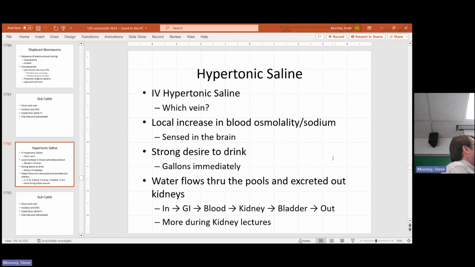And we're going to throw that into the vein going back to the heart. That's going to go through the heart to the lungs and then out to the body. You're going to have an increase in osmolality and an increase in sodium, both of which are sensed by the brain. Has anybody done this, given a hypertonic saline to an animal?